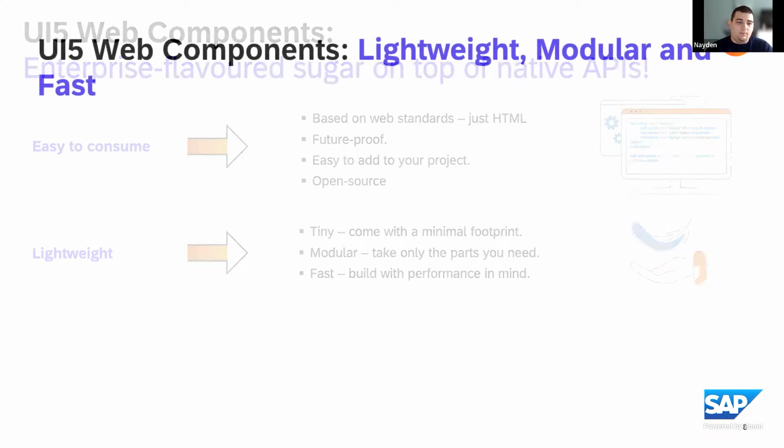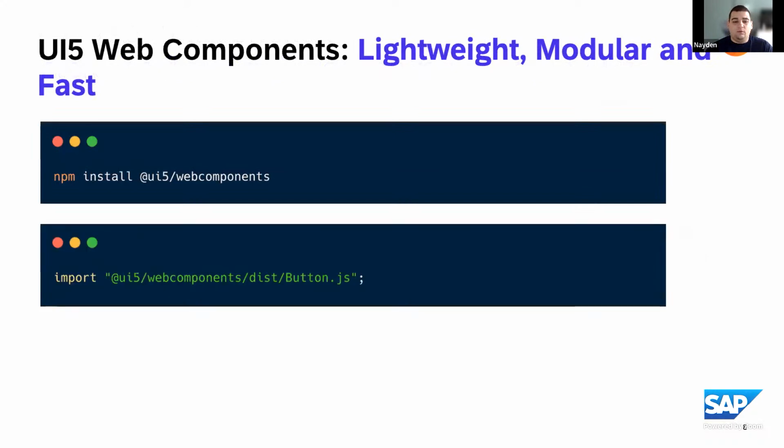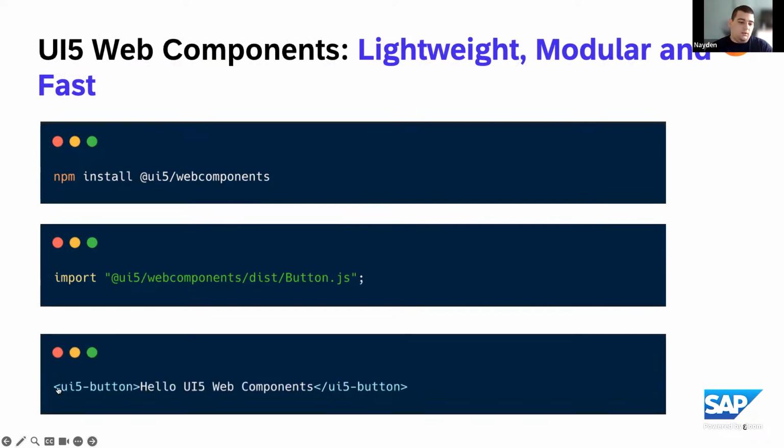For example, if you want to use a button, you can simply install the UI5 Web Components package and import the button, and then you can start to use that custom HTML element, UI5 button.